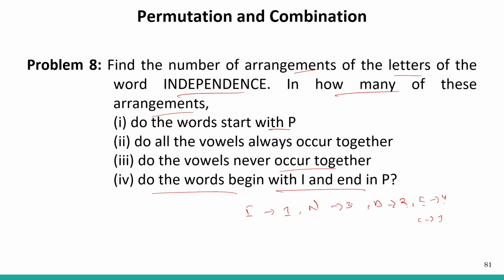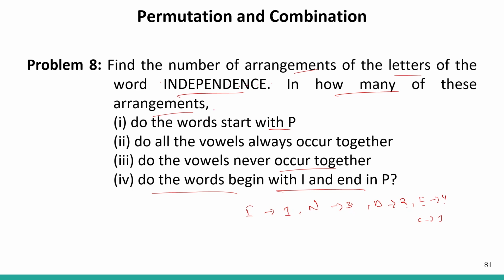So let's try to see what we have missed. N is thrice, D is twice, and E is 4 times, and C is only once. So 1, 2, 3, 4, 5, 6, 7, 8, 9, 10, 11, 12 are there, right? So 3 plus 2 is equal to 5, 9, and then 10, then 11.